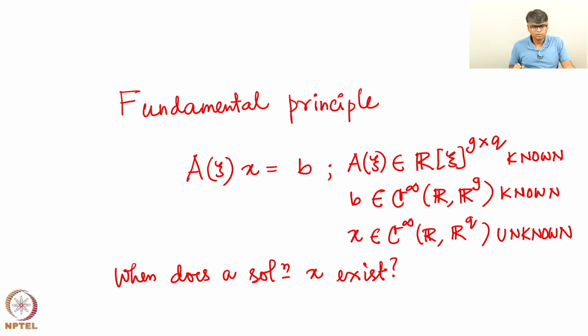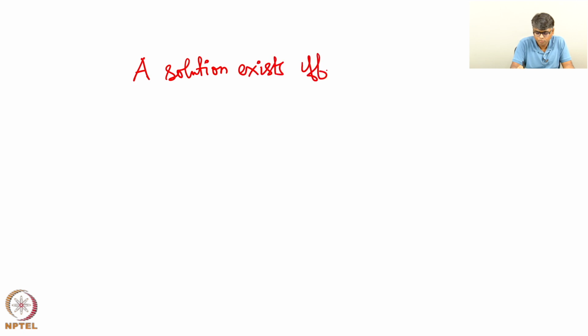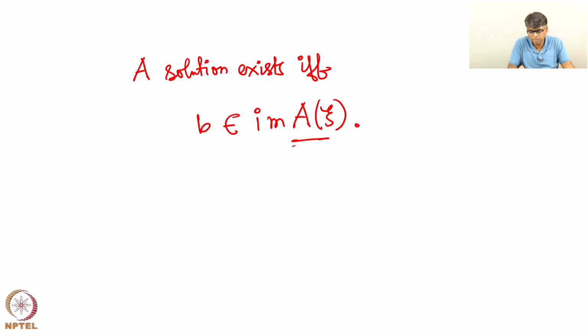You may immediately say that a solution exists if and only if b, as a C infinity function, belongs to the image of the operator A(ξ). Of course, trivial, no? What is the image? Everything that can be written as A(ξ) times some x, correct?